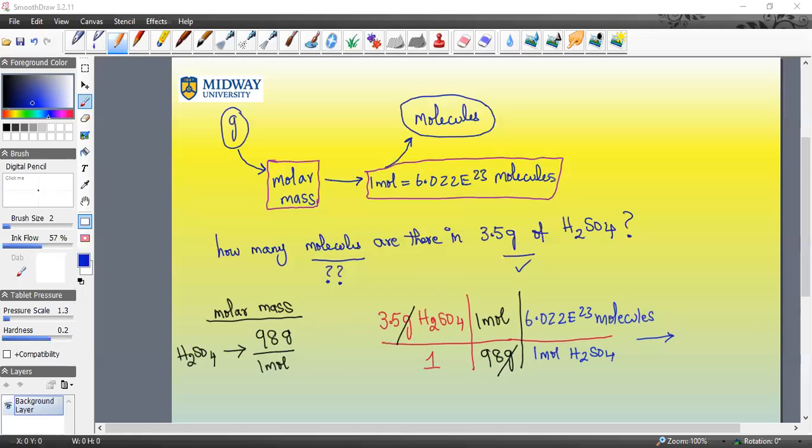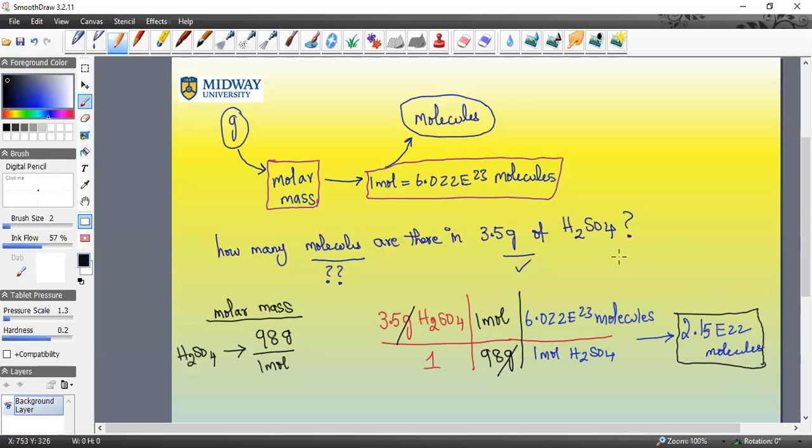That gives us 2.15 e to the 22 molecules. Okay, let's get a different color. That's our answer. That's how many molecules are contained in it.